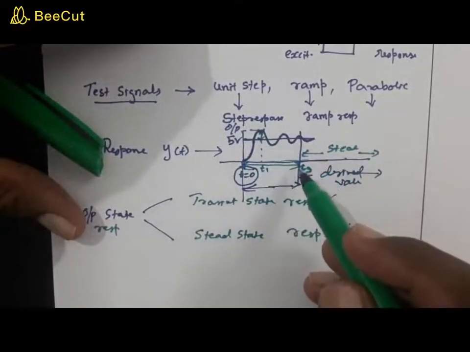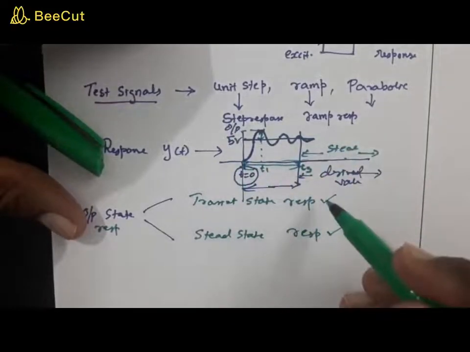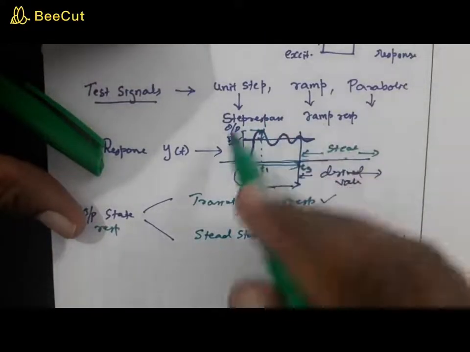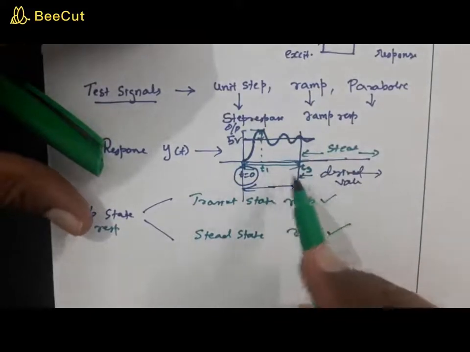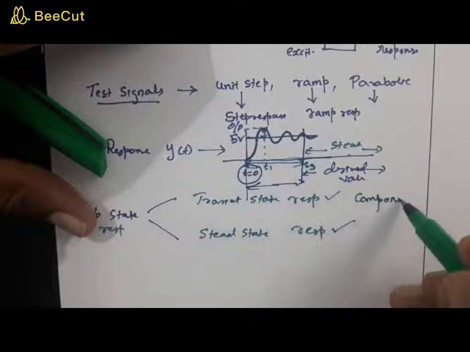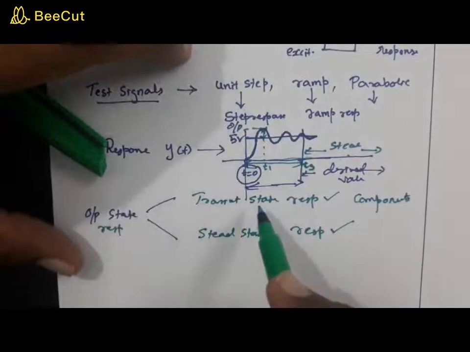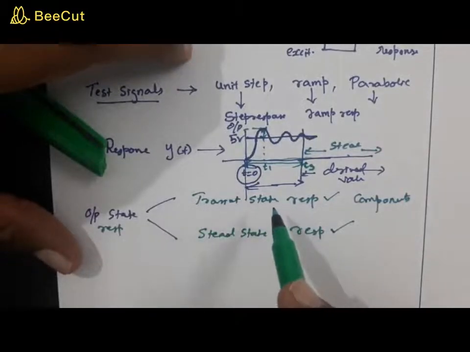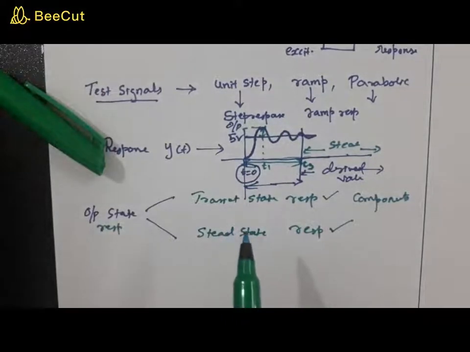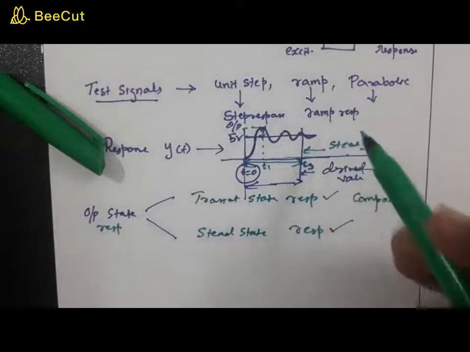And not only that, how long it takes to settle to its steady state can also be studied by knowing the transient state response. Especially the settling time depends on the components of the system, and by suitably selecting and designing those components, we can regulate this transient state response, right? Not only that, the transient state response will also give you an idea how much faster or slower the system is to reach its steady state.